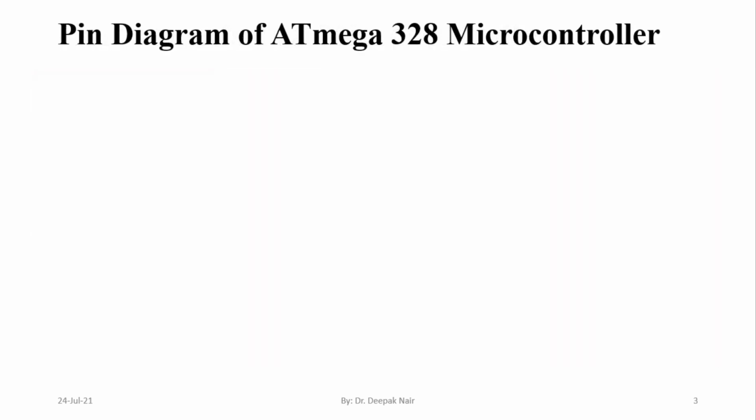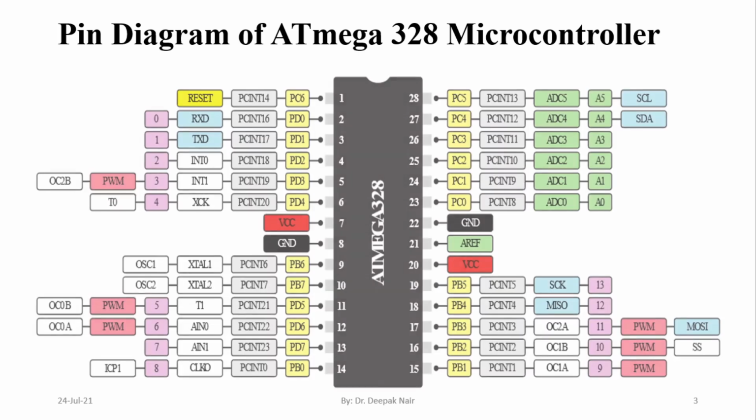So let us first understand the pin diagram of Atmega 328. Why this microcontroller? Because this is the core, or we can say this is the brain of the Arduino board. Okay, so Atmega 328 is a 28 pin microcontroller.